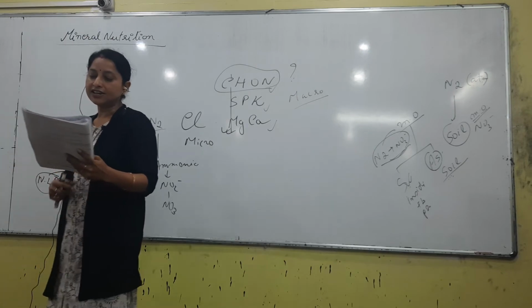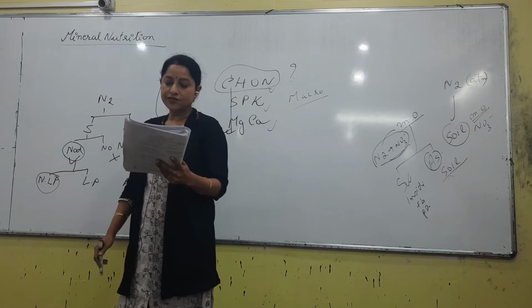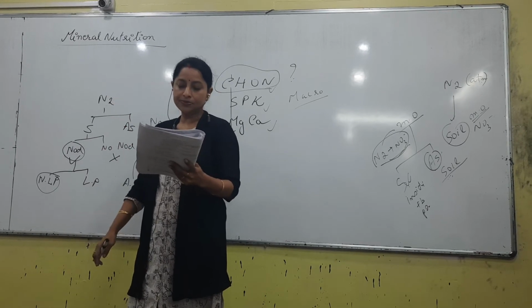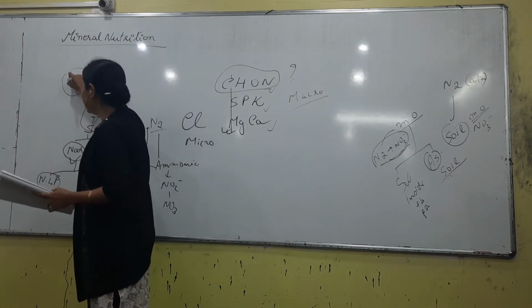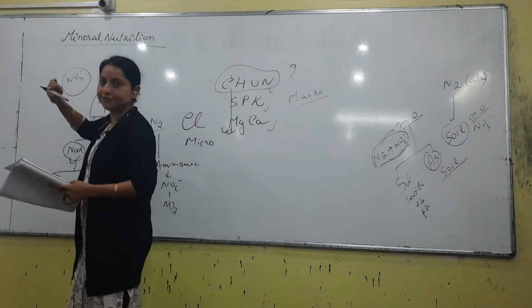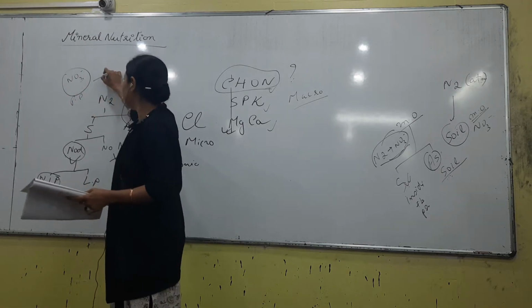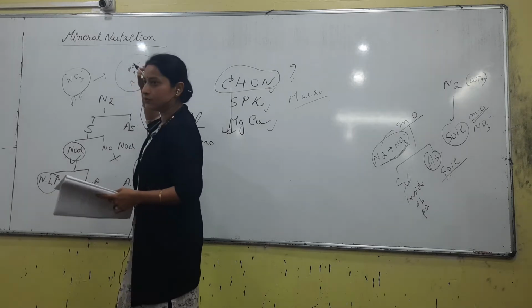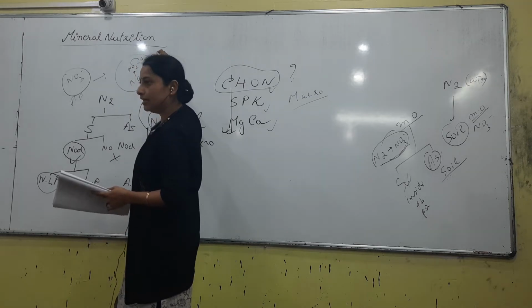So nitrate reduction occurs in two steps. Please come directly to the step. In the plant cell after absorption we have NO3 negative, which will get converted to NO2 negative, and then converted to ammonia, right?